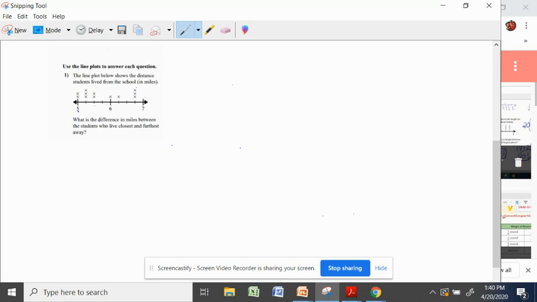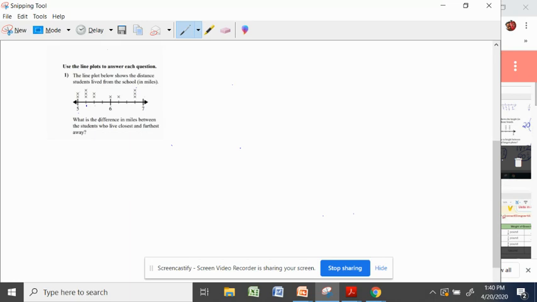So if I were to write this down, this would be 5 and 1/4, 5 and 1/2, 5 and 3/4, and then 6. So how do I know that my denominator is 4? Again, it depends on how your line plot is divided.